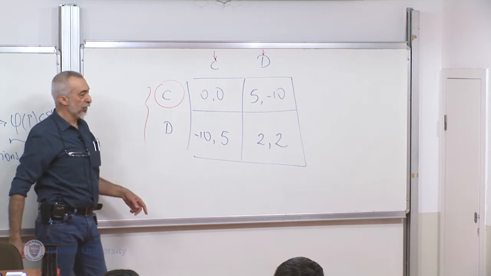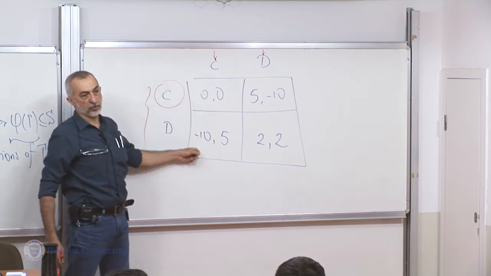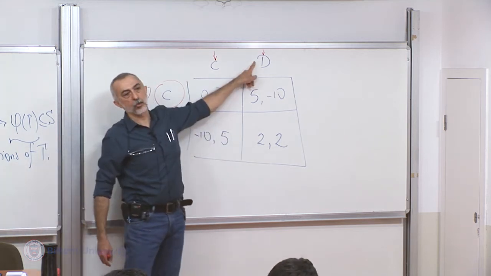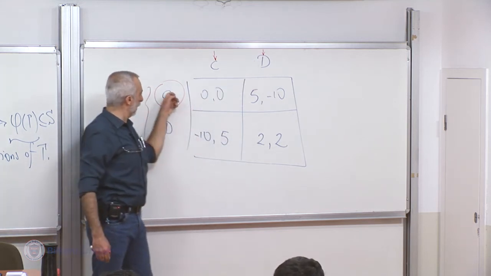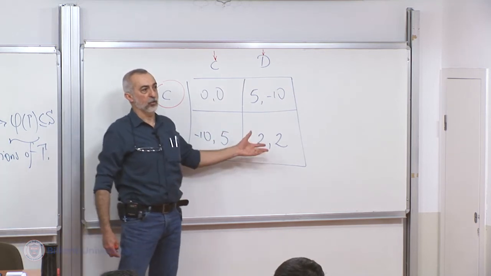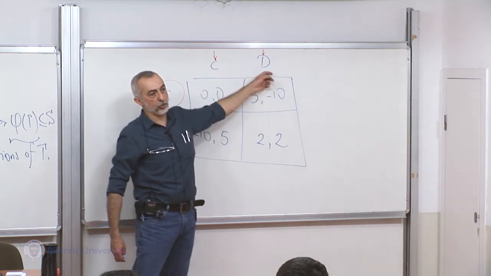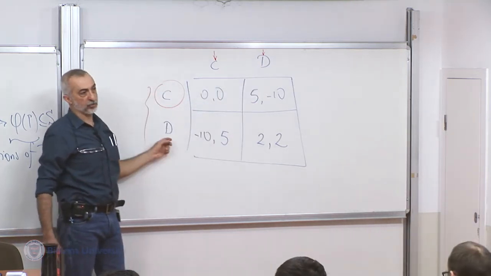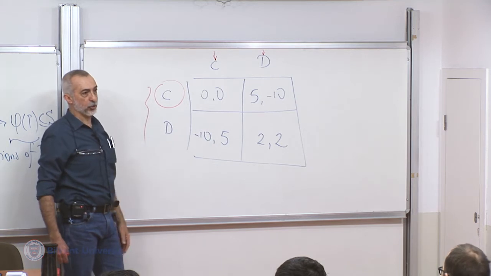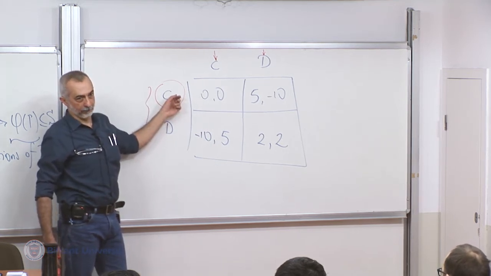Again, the whole idea is, if I had known that my opponent is going to play C, playing C is better than D. If I had known that my opponent is going to play D, playing C is better than playing D. So even if I don't know what my opponent is going to play, playing C is better than playing D. So a rational person should play C. Okay?